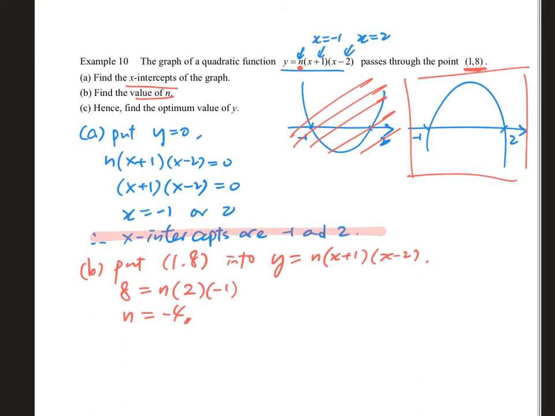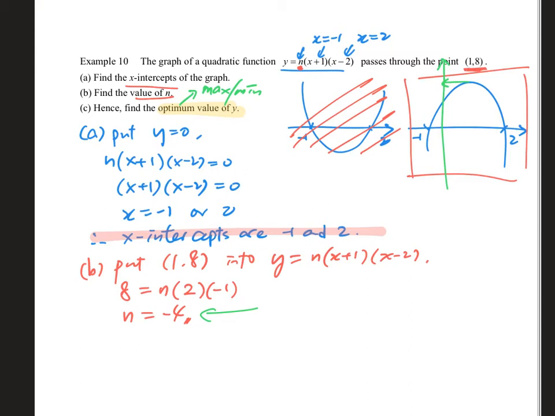Coming up next is something we mentioned in the last video about optimum value. Do you remember it? Nice. With optimum value, you're talking about maximum or minimum. And after we know n is minus 4, you know it's an unhappy graph, which means we are going to read the maximum value of the parabola.